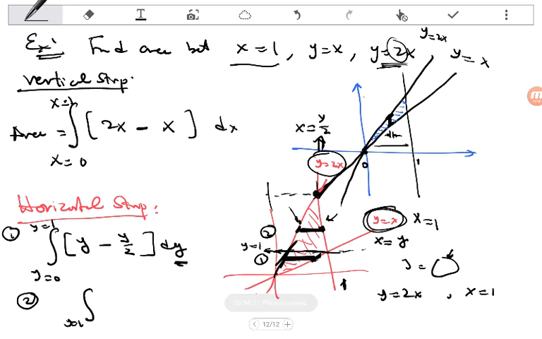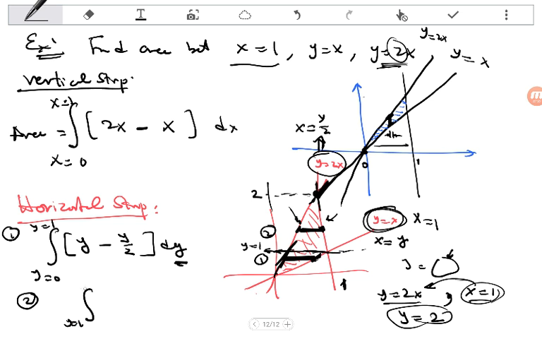When I find the intersection, it means that these two are made simultaneous equations. So I substitute x equals 1, it will give me y equals 2. So this point is 2.